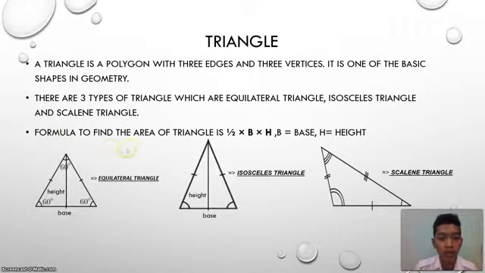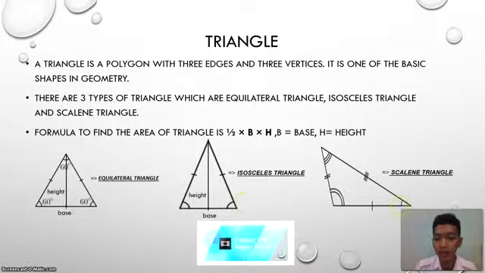The formula to find the area of a triangle is half times base times height. Here you can see the equilateral triangle, the second figure is an isosceles triangle, and the third is a scalene triangle.